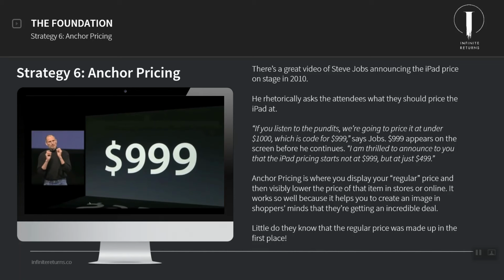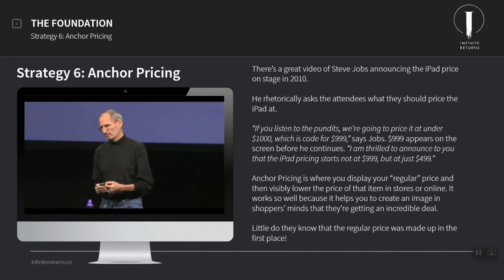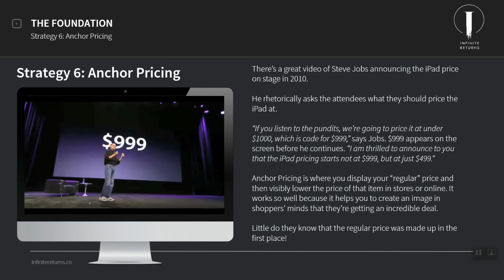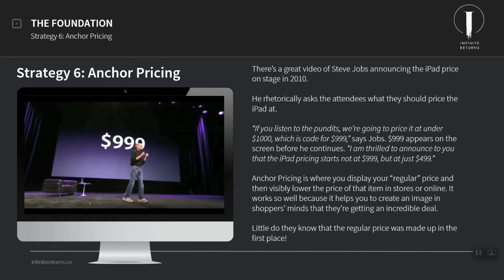When we set out to develop the iPad, we not only had very ambitious technical goals and user interface goals, but we had a very aggressive price goal because we want to put this in the hands of lots of people.